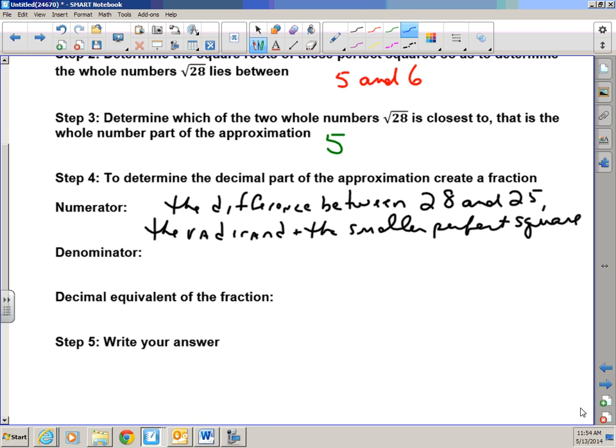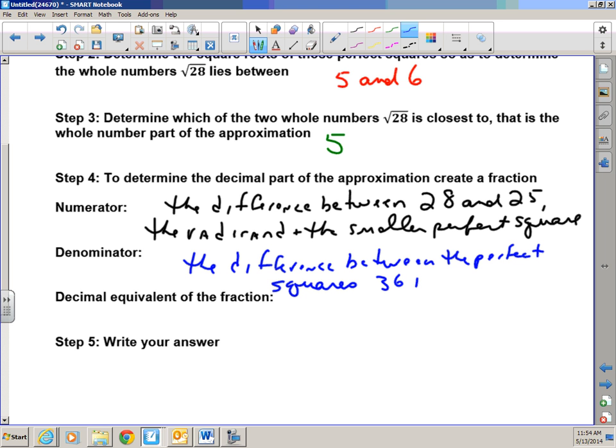And our denominator is the difference between the perfect squares, which in this case is 36 and 25.